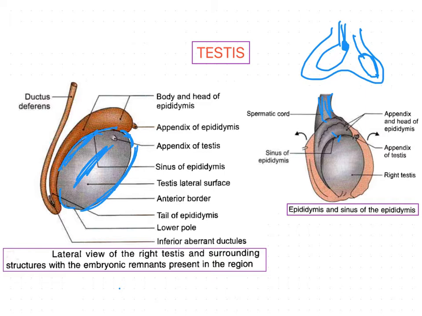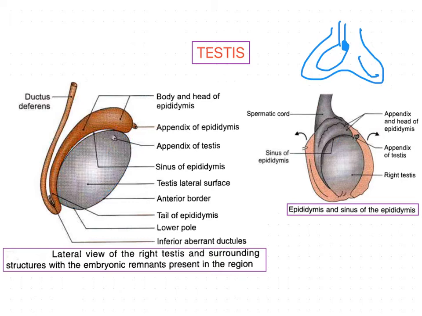Okay, so the lateral part of the epididymis is separated from the testis. At the lateral border of the epididymis you can find a space.